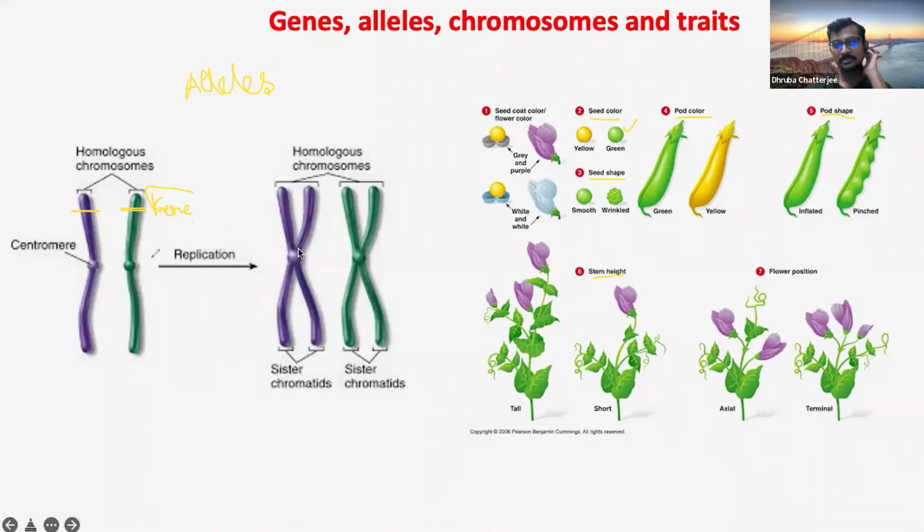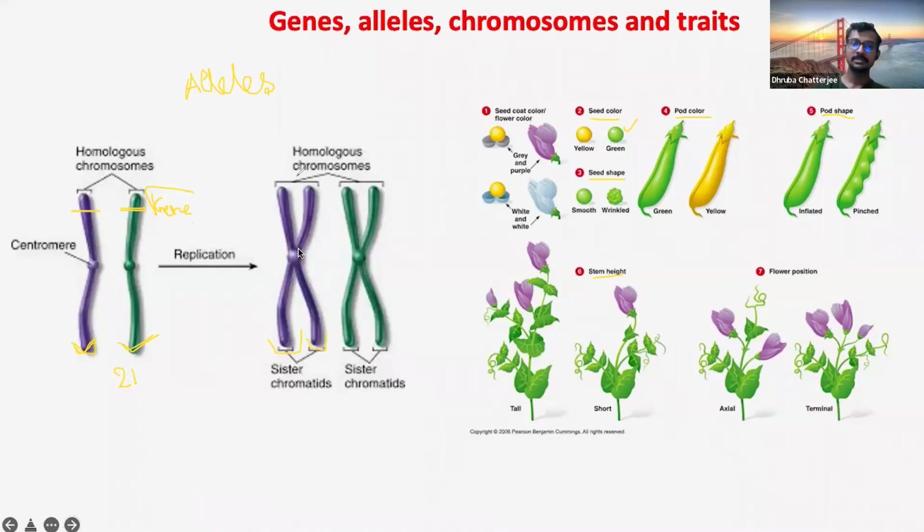So in meiosis, what happens is, first there is replication. So initially in a diploid organism, you have two copies of a particular chromosome. For example, if you take chromosome number 21, then there are two copies of chromosome number 21 in each of your cells, right? Now, for meiosis, first there will be replication. So in each of these chromosomes, there will be two sister chromatids, which are formed as a result of replication of the initial parent chromatid.